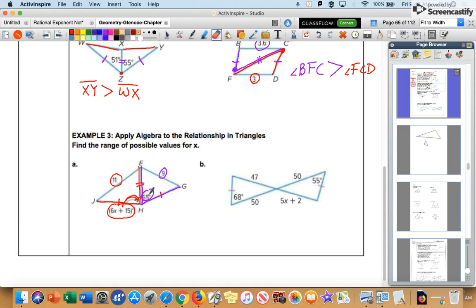So in terms of the angle, we know that the 6x plus 15, this hinge angle, has to be greater than the hinge angle over here of 65 because the side opposite that angle is greater. And so our statement would be 6x plus 15 is greater than 65.